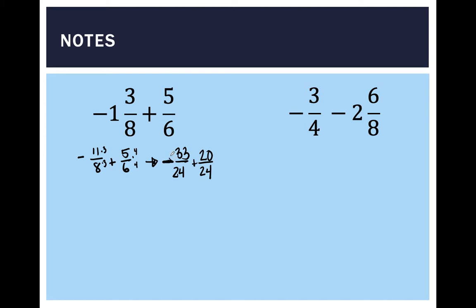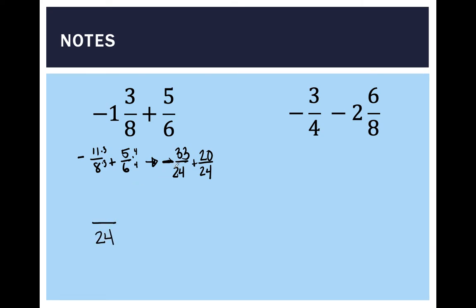So as difficult and frustrating as fractions are to work with normally, now we have an even more difficult task because we have a negative fraction and a positive fraction. So as I mentioned before, these are different signs, so we're actually going to be subtracting. The denominator is 24.